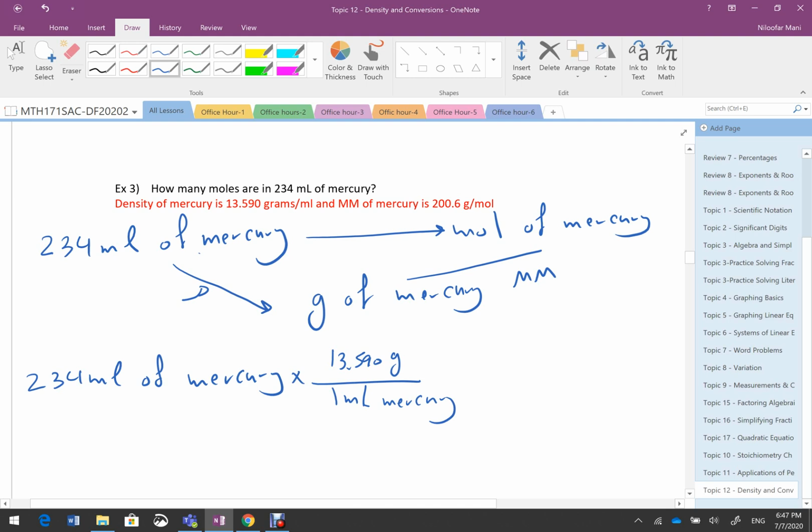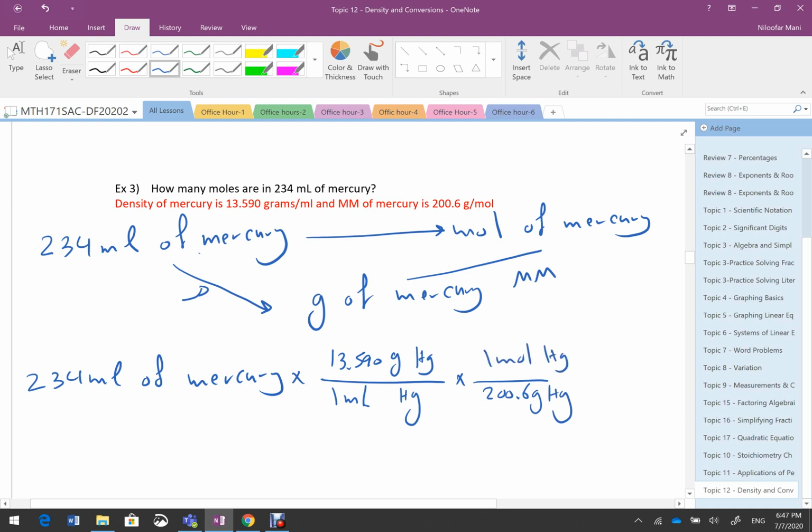I can use Hg for mercury. Then I want to cancel grams, so I need to have the molar mass here, and then I write 1 mole.